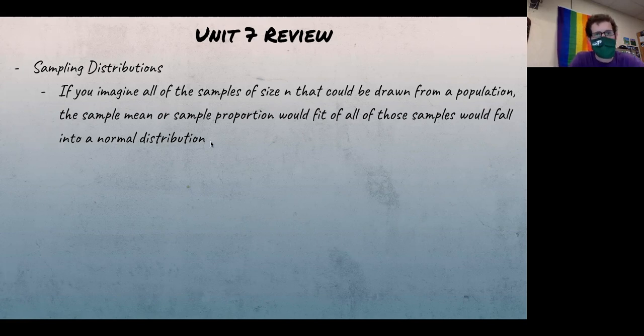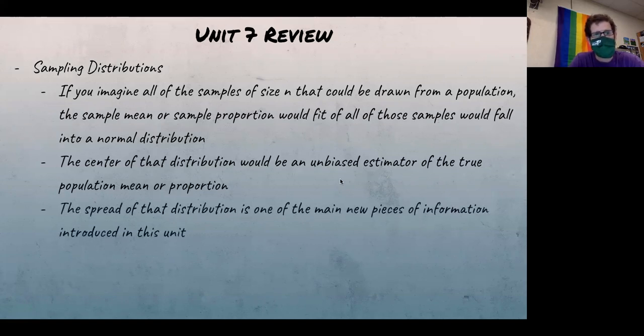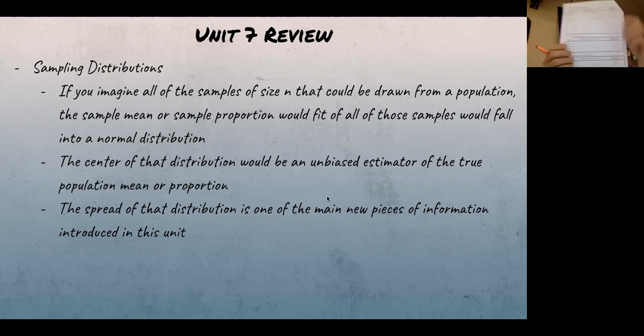And the sampling distribution is a normal distribution itself. And the center of that distribution is an unbiased estimator of the true population mean or proportion, depending on the problem. The spread is determined by our formulas. In fact, it's determined by the formulas that we find on this back side of the front page of our formula sheet.